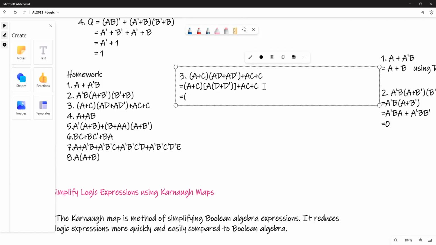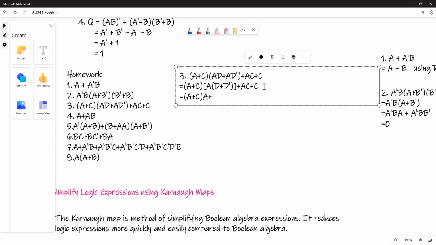We can say A plus C, then D plus D bar means, if you remember, that is 1. D plus D bar is 1. So which law is that? Inverse law, right?